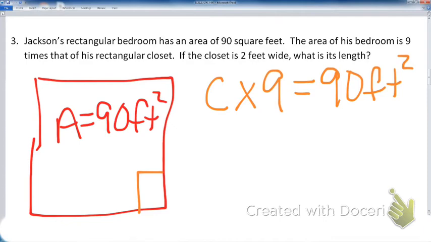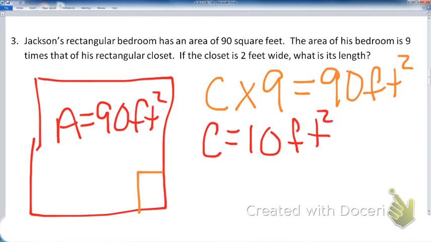What number times 9 gives us 90? Well, that means his closet's got to be 10, because 9 times 10 is 90.